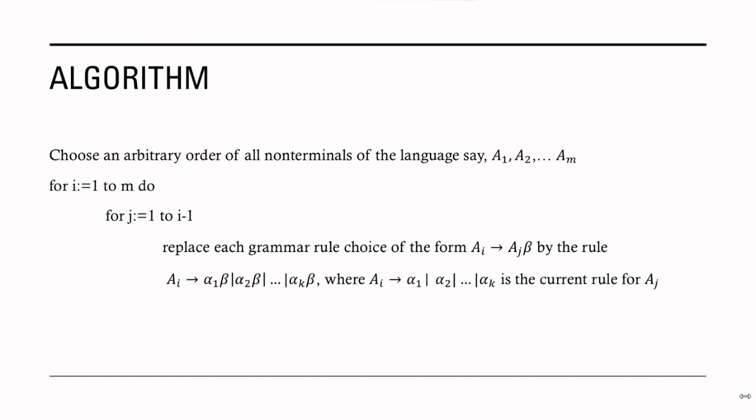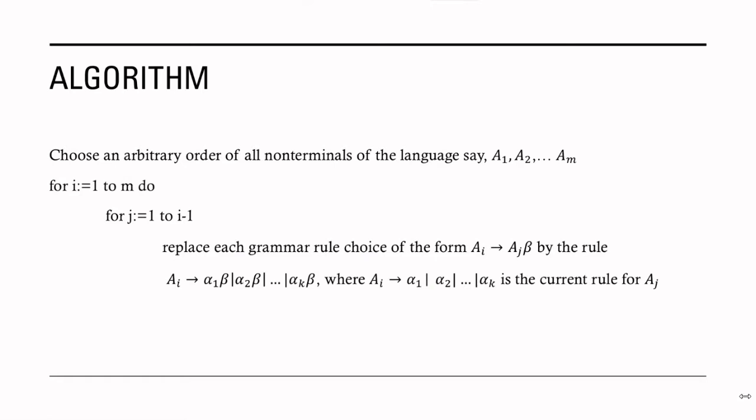If we have a production like this, then we are going to replace this production by the rule AI derives alpha 1 beta, alpha 2 beta, and so on up to alpha k beta, where for this variable we have to have some productions of this type. AI derives alpha 1 or alpha 2 or up to alpha k.